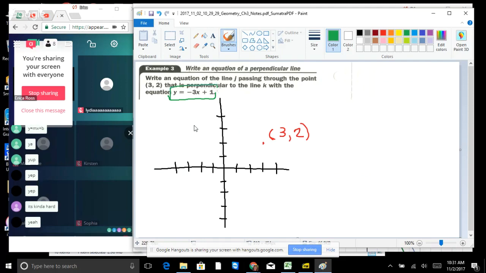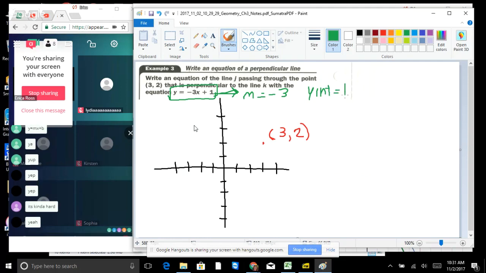Our green equation, let's try to graph it just using the fact that we know this is y equals mx plus b. So we know that the slope for our green line is negative 3 because it's whatever is before x. And we know that the y-intercept, our b, is at 1.